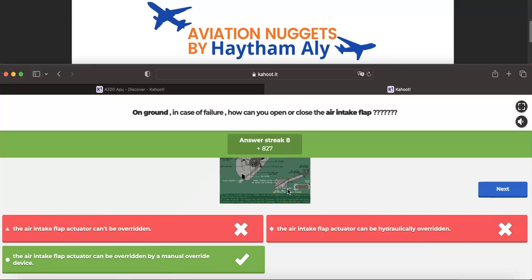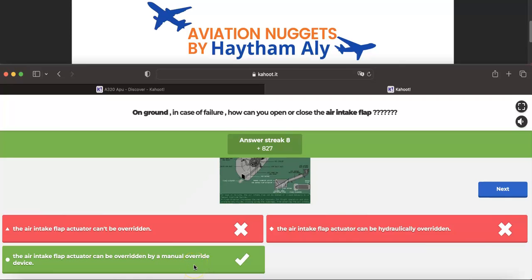So just in case the electrical operation is not available or the flap is not opened, ground mechanics can override it by a mechanical opening. The actuator has a manual override device, and with a number of turns the ground mechanic can open or close the APU air intake flap.